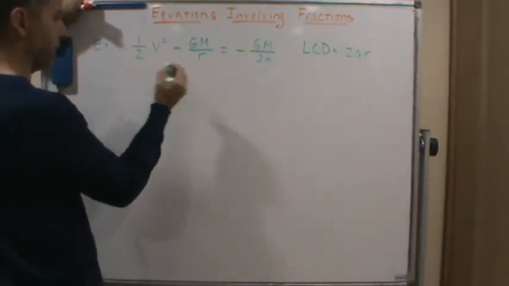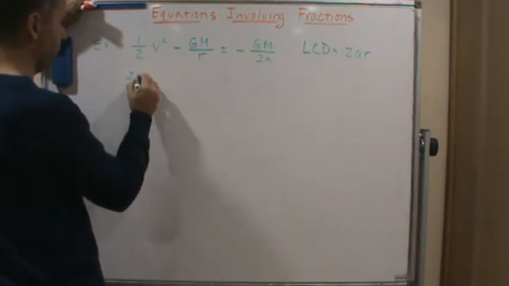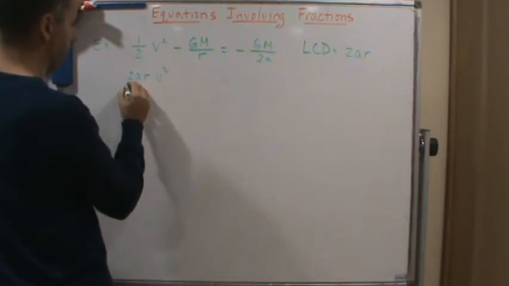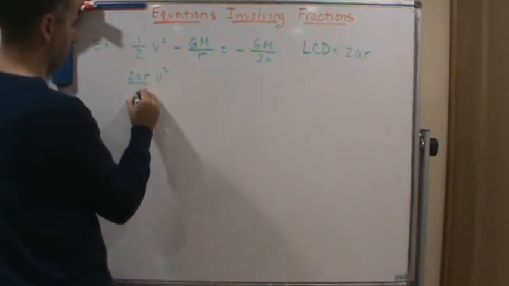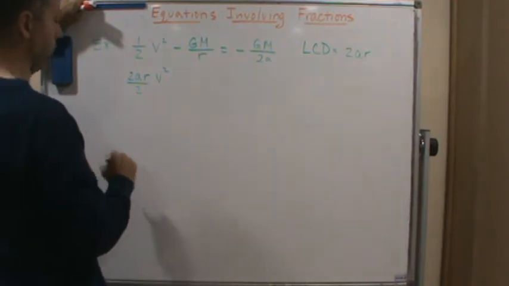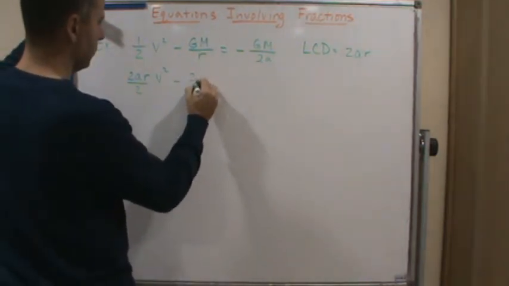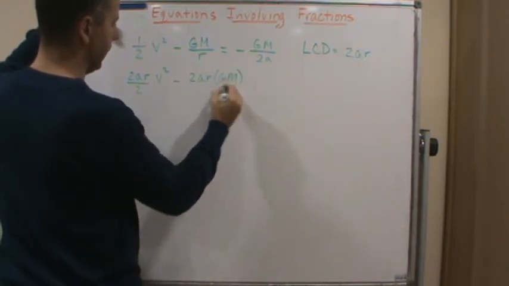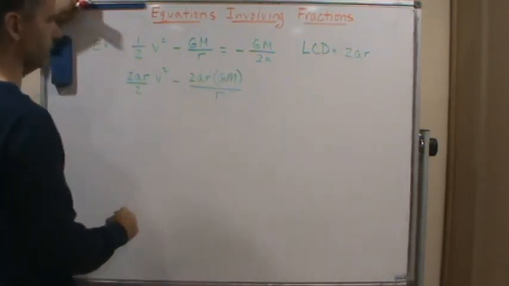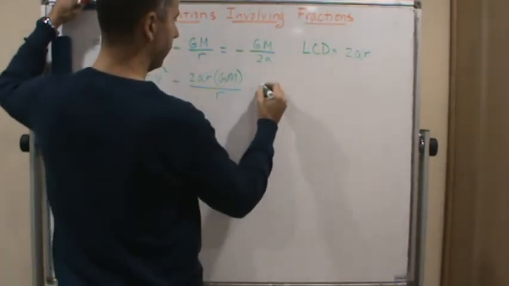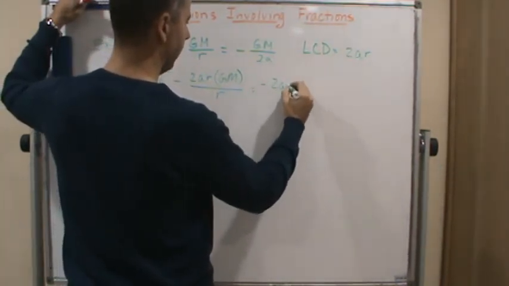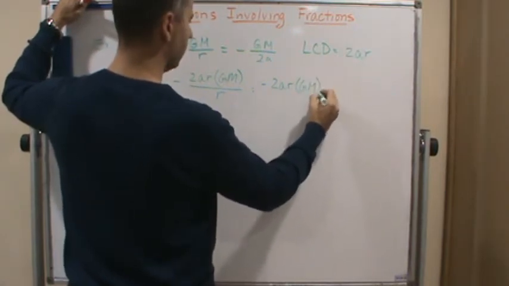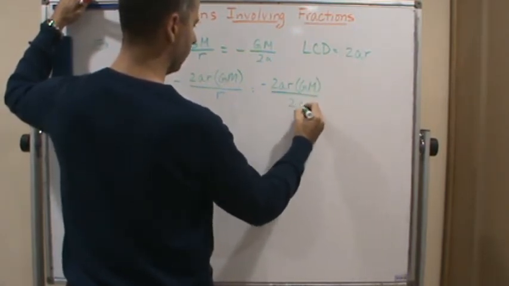So if I multiply everything by 2AR, I'm going to do 2AR V squared over 2, minus 2AR times GM over R equals negative 2AR times GM over 2A.